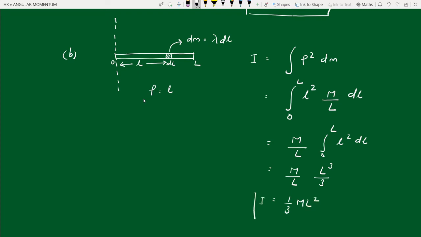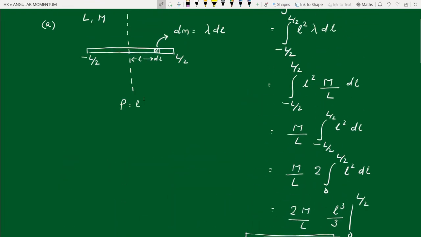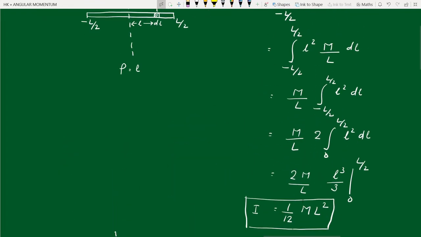The moment of inertia of the rod about a perpendicular axis passing through one end of the rod is 1 by 3 ml square. If it is an axis passing through the middle of the rod, we have 1 by 12 ml square.